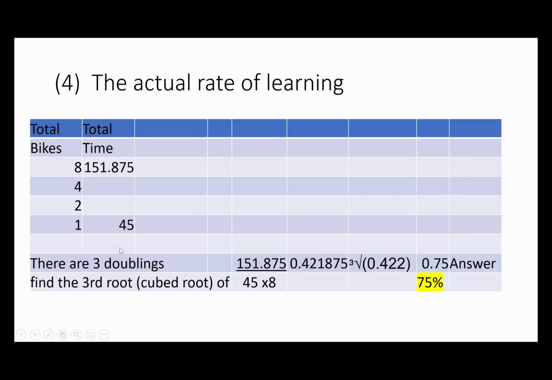So we would use the third or the cubed root of the answer to this divide sum, which is the cumulative average time needed for the total time required for all 8 divided by 50 times 8, which in our case gives an answer of 0.422 pretty much. Cubed root of that is 75%, and it means it's a 75% learning curve.